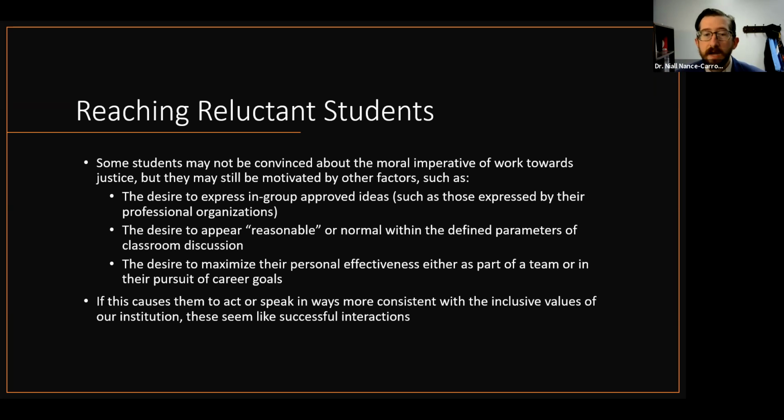If this makes them act or speak in ways that are consistent with the inclusive values of our institution, those are successful interactions, even if we can't quite get their motivation to where we want it to be. So for the rest of the time, I just wanted to ask how else people are interested in incorporating diversity into other assignments. If people have questions, other ideas, love to talk about it.